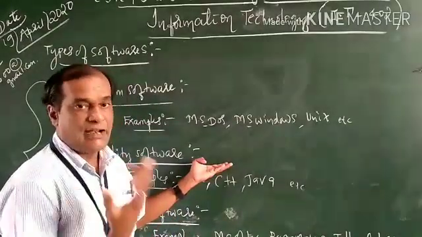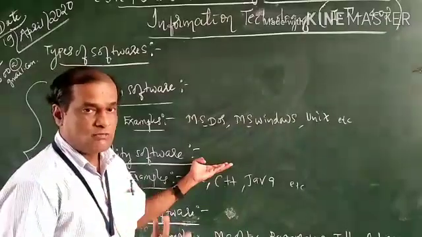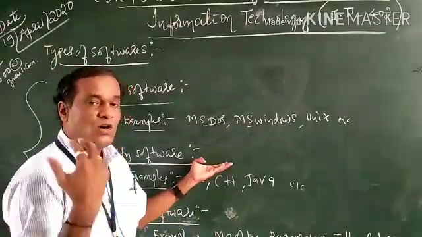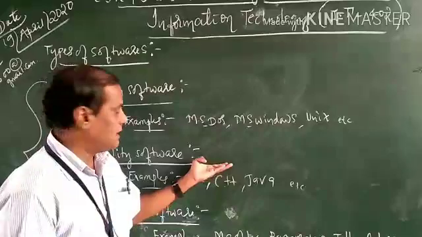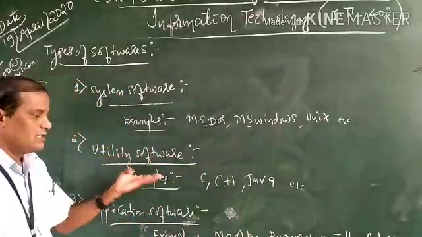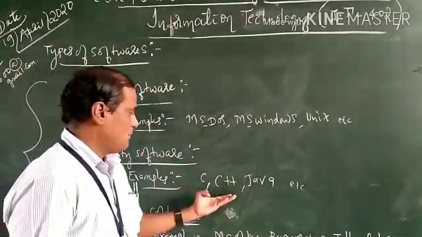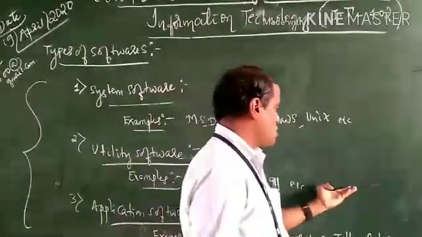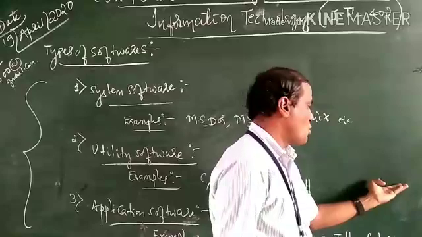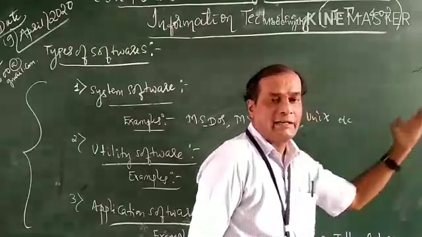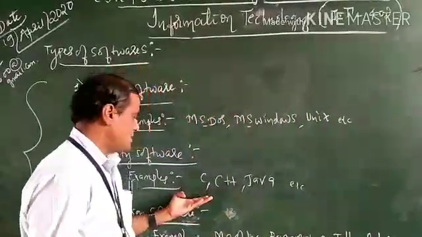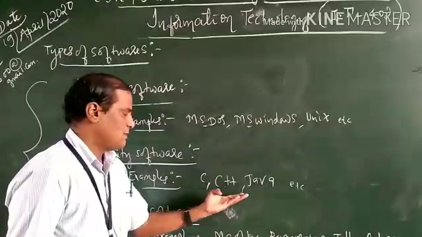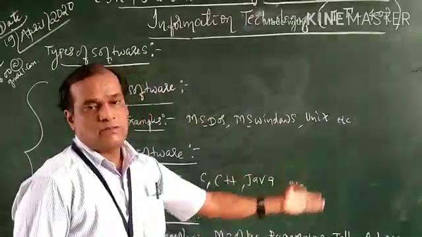Whatever codes we are writing, whatever HLL codes, source codes we are writing, for that purpose we use one software, and that is utility software. These are the examples: C, C++, Java, VB, VC, C#, COBOL, BASIC, Fortran, Pascal, so many are there. But among those, nowadays we mostly use C, C++, Java, VB, VC++, like that.